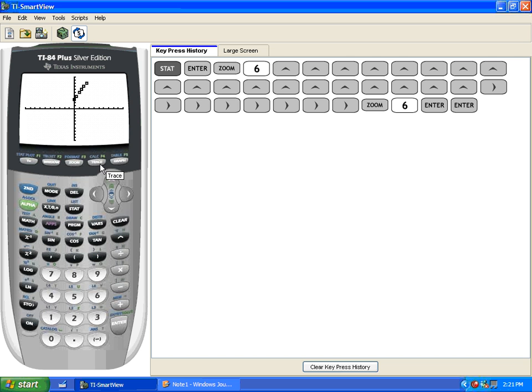And I can actually hit my trace button, and the calculator will read off for me the value of the ordered pair. Alright, so my first ordered pair is the ordered pair 0, 3. The next ordered pair is 0.54, and then we have the 1, 5, the 1.56, and so on.